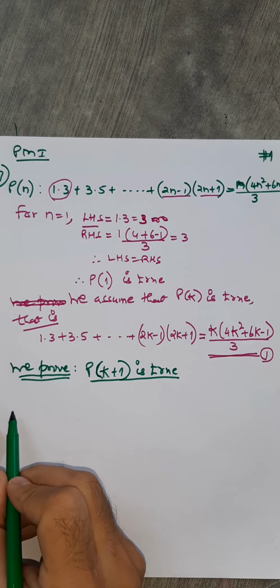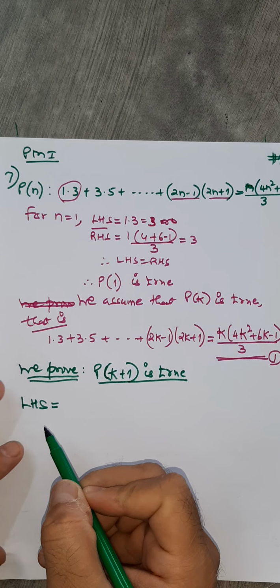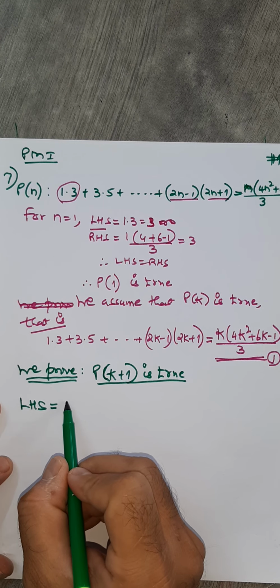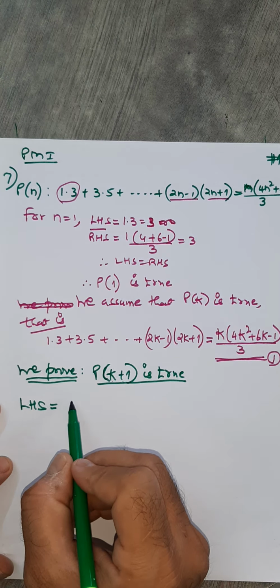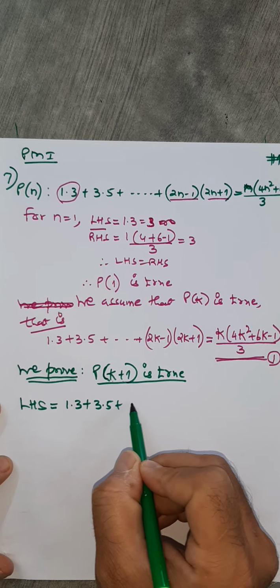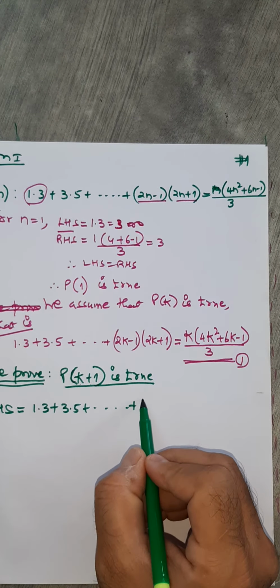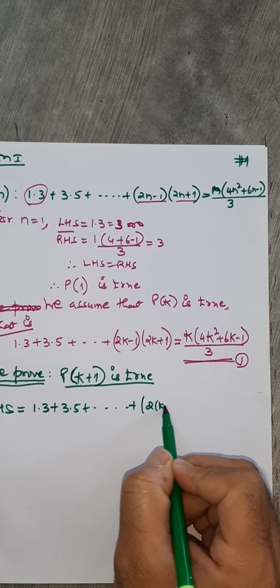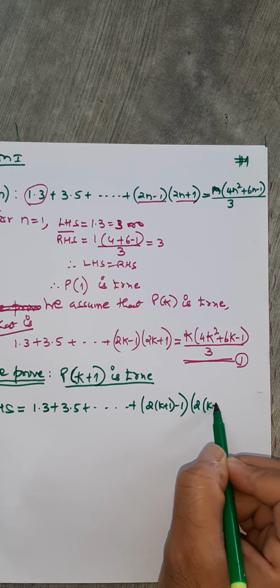So let us start with LHS here. What is LHS? Instead of n you put k plus 1. So 1 into 3 plus 3 into 5 and so on, with n replaced by k plus 1: 2 into k plus 1 minus 1 into 2 into k plus 1 plus 1.